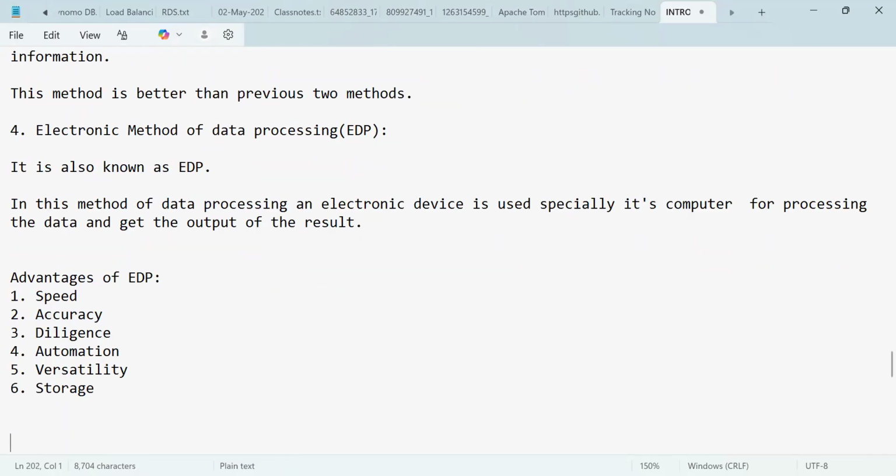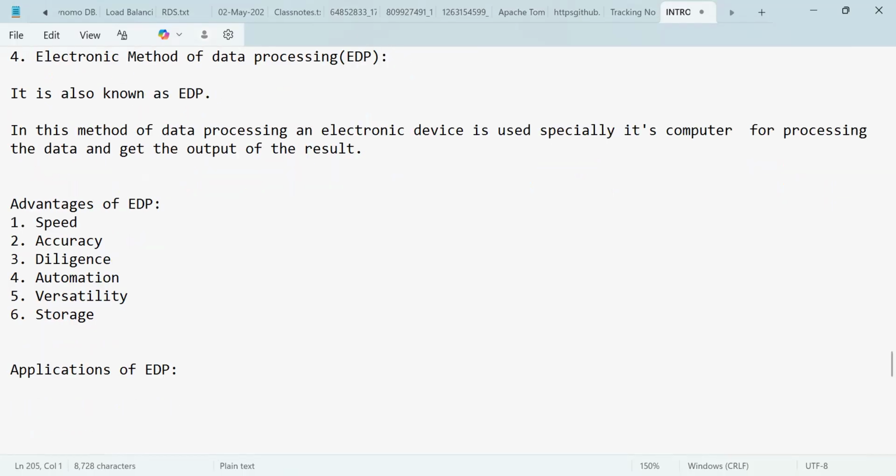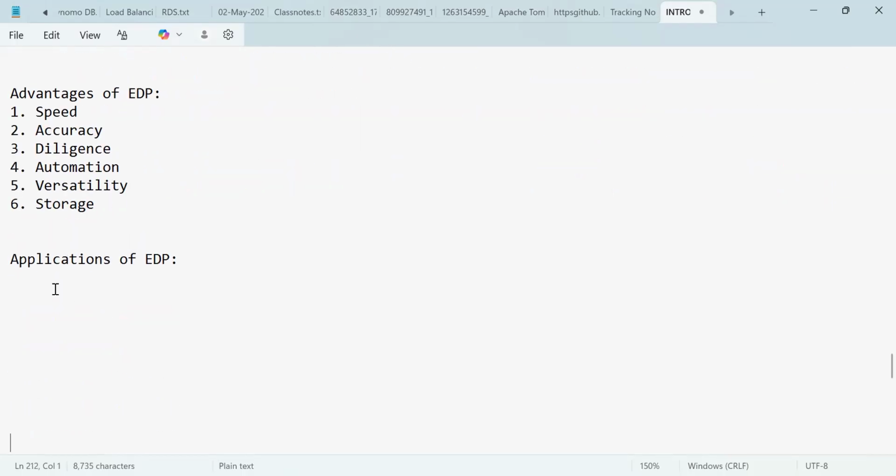So, applications of EDP. Computerized data processing has become very popular. Yes or no?